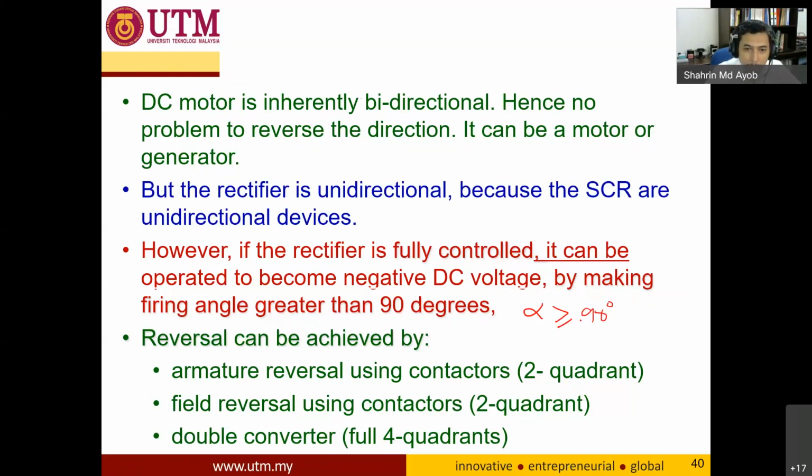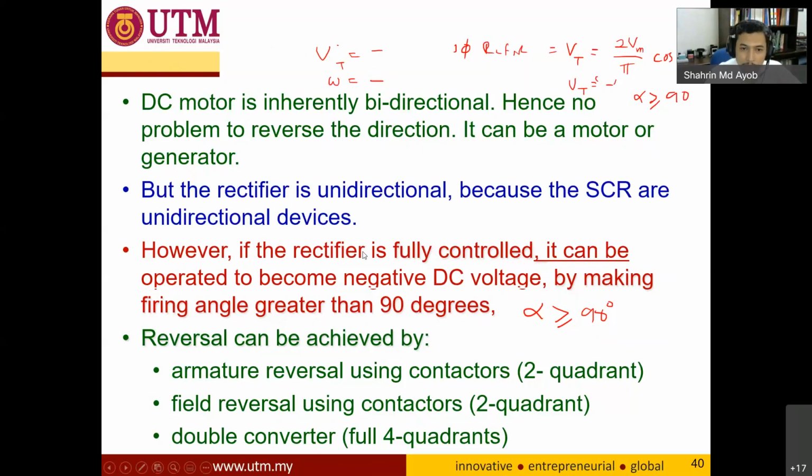For a single phase rectifier, the equation for the terminal voltage, which is the output of the rectifier, is 2 Vm over pi cos alpha. So if alpha is chosen larger than 90 degrees, your Vt will become negative. When Vt is negative, the rotation will also be negative, meaning the rotation is in the reverse direction. That is what we call reverse.